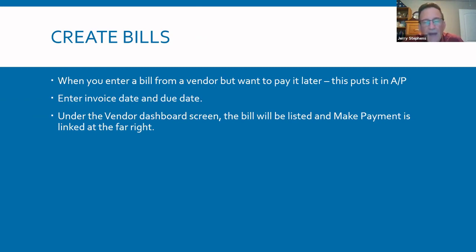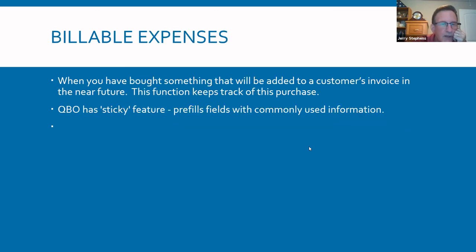You would input that, you can schedule it for payment at a later date, and it will put that into your accounts payable until that date, and then it will go ahead and issue the check at that point in time. So you've got those two different things, and QuickBooks will, on the dashboard, show the difference between those two and show you what's upcoming from your accounts payable standpoint.